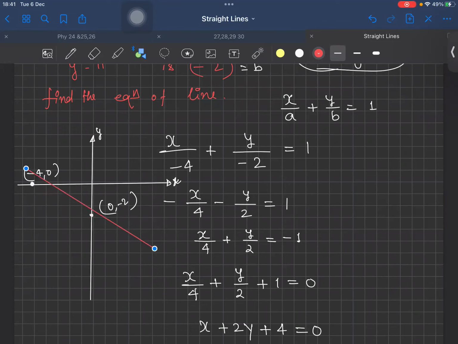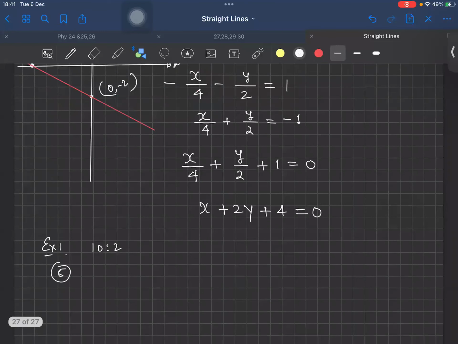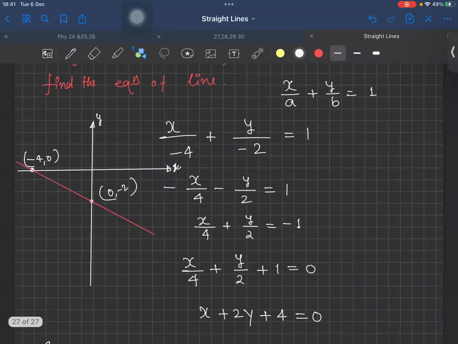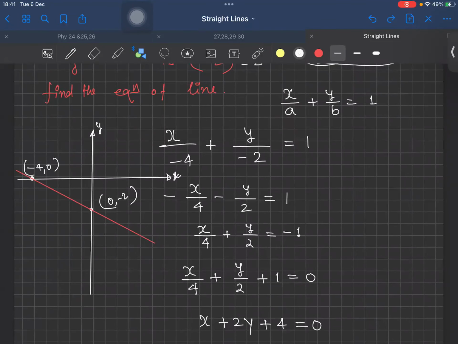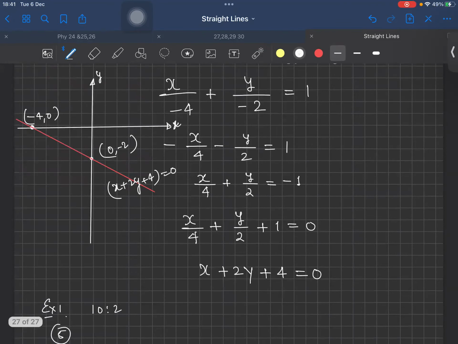Something like that. So this is the line, right? The equation of this line is x plus 2y plus 4 is equal to 0. So you put any value of x, you will get a value of y, and that x, y will lie on this line. Okay, that's the meaning.